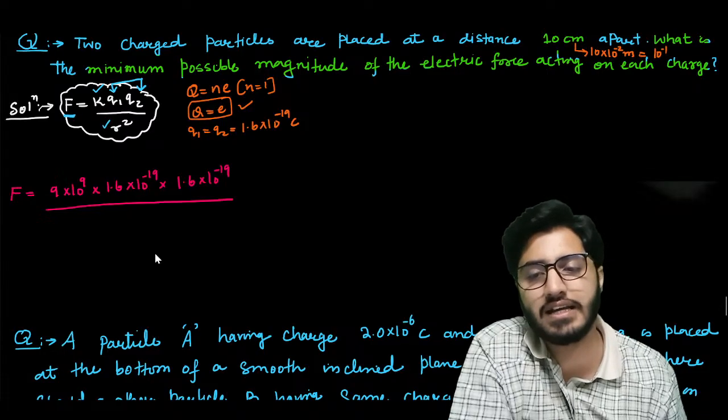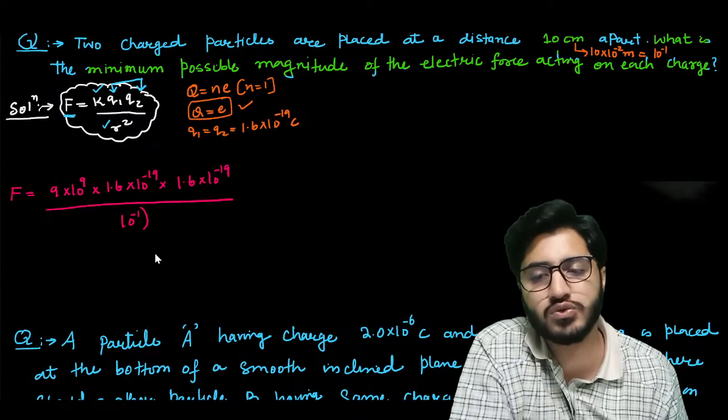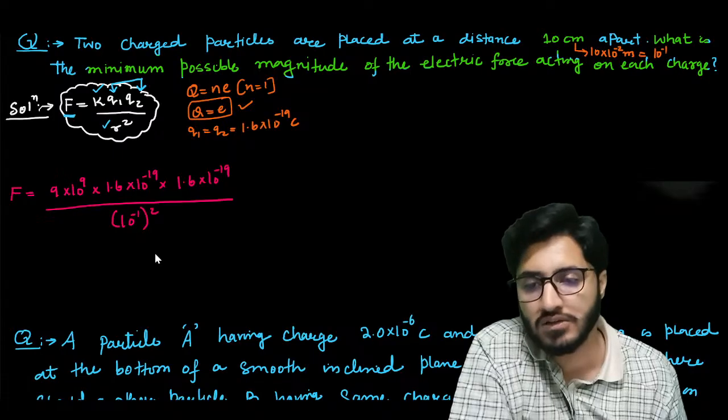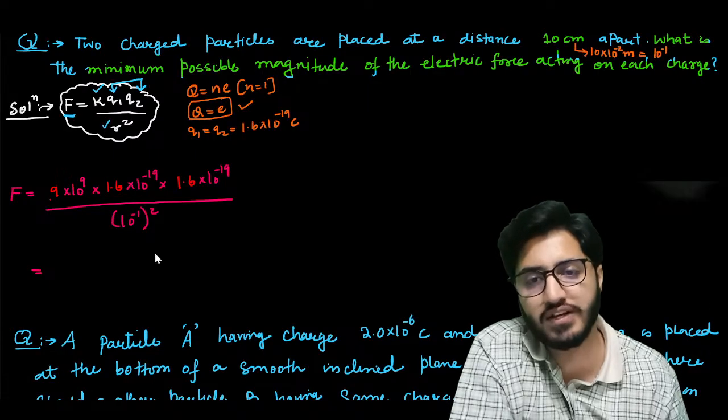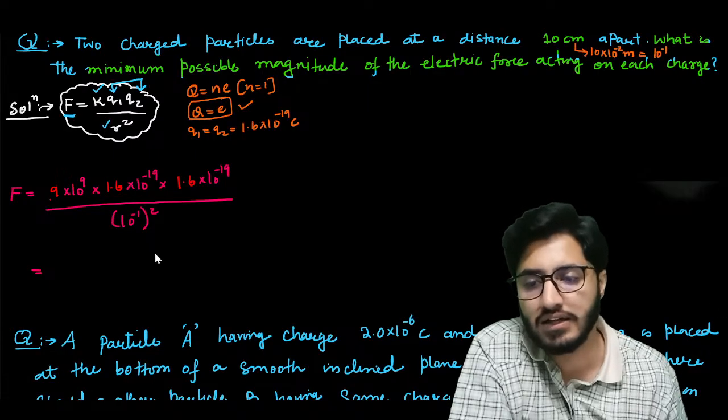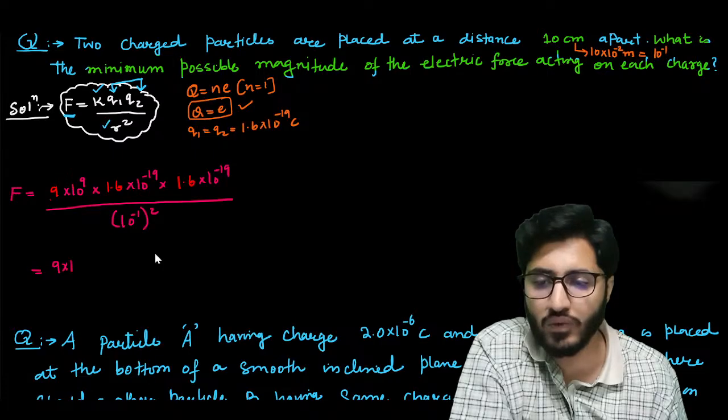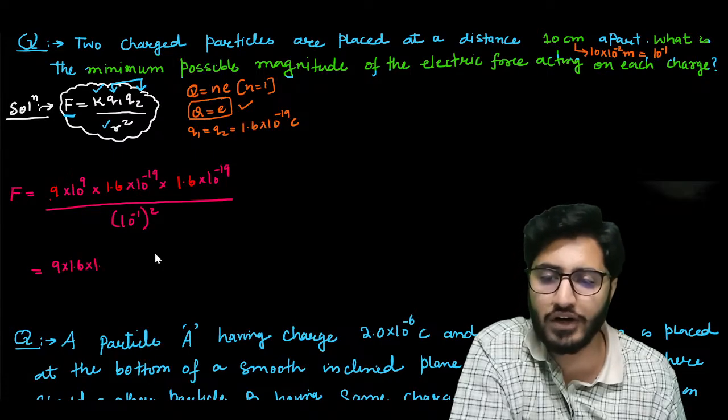So I will take these terms separately: 9, 1.6 and 1.6, so it would be 9 into 1.6 into 1.6.